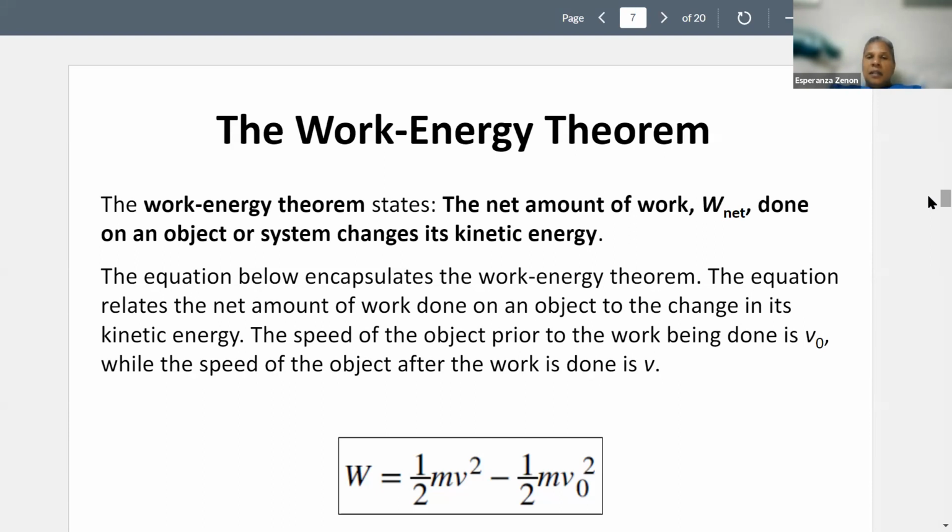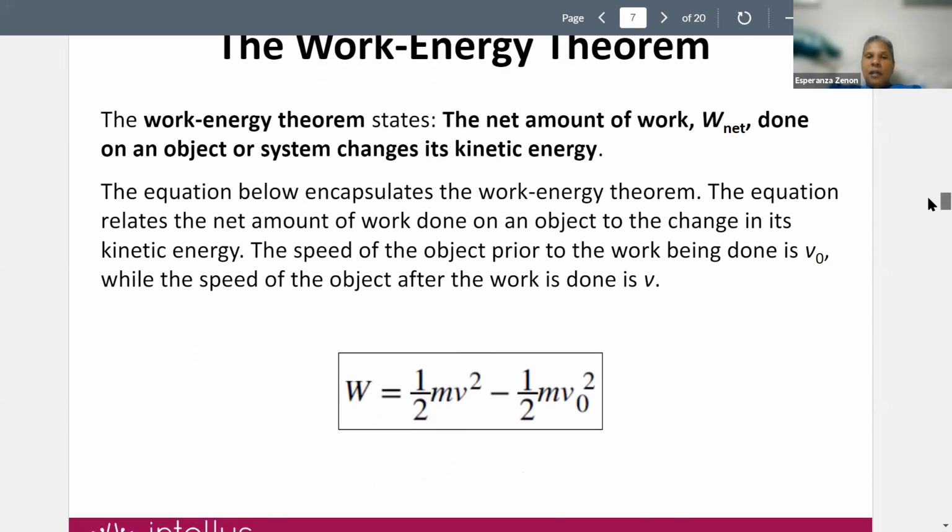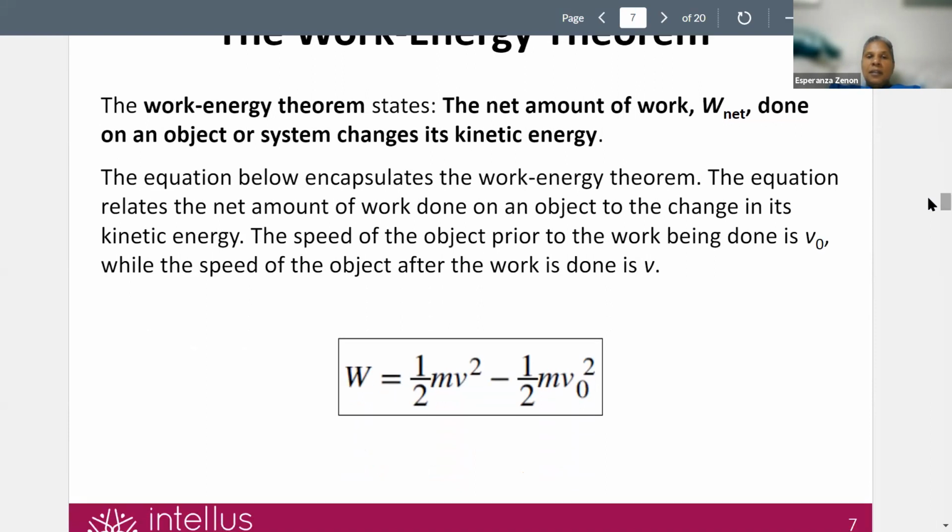All right. So let's look at this formula that expresses the work energy theorem. All right. So you see here, in order to do work, we're looking at what? The difference between the final kinetic energy and the starting kinetic energy, where kinetic energy is defined as 1/2 mass times velocity squared.